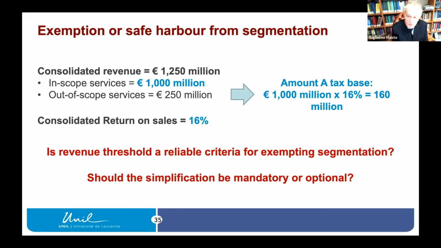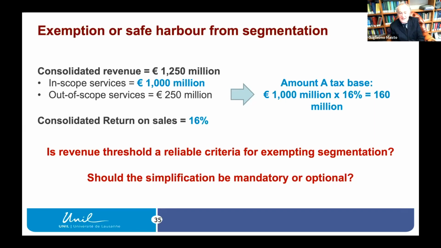So in the example that we have in our case study, where we have a consolidated revenue of 1,250,000,000, and we have a consolidated return of 16%, then as we have $1 billion of in-scope services, the simplified approach, what is called exemption from segmentation, would be to say, I apply the consolidated return on sales, which is 16%, to the in-scope services revenue, which is the 1 billion.